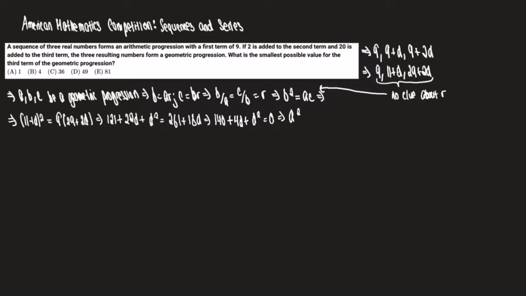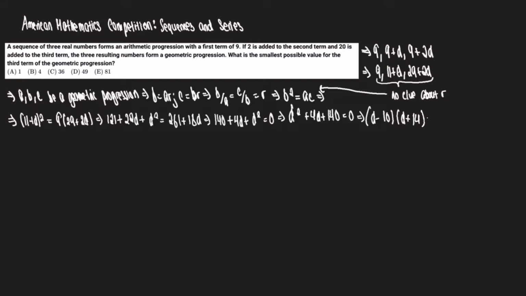D squared plus 4D minus 140 equals 0. So what could this factor into? And this actually factors into D minus 10 and D plus 14. All right.